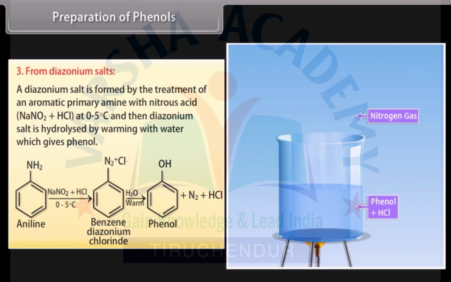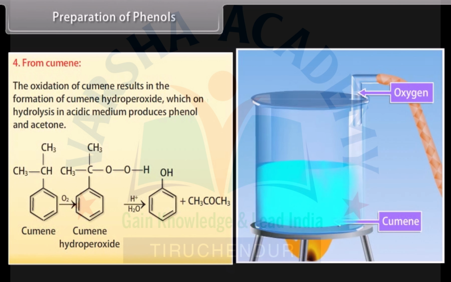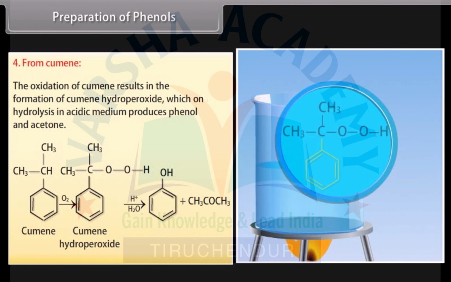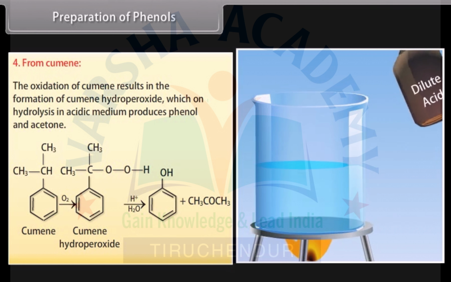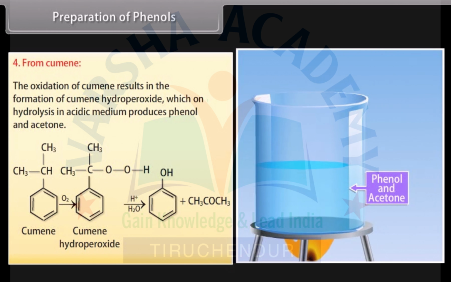Aniline treated with nitrous acid at 0 to 5 degrees Celsius forms benzene diazonium chloride, and then adding warm water forms phenol, nitrogen and hydrochloric acid. From cumene. The oxidation of cumene results in the formation of cumene hydroperoxide, which on hydrolysis in acidic medium produces phenol and acetone.